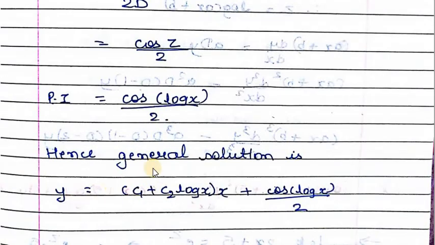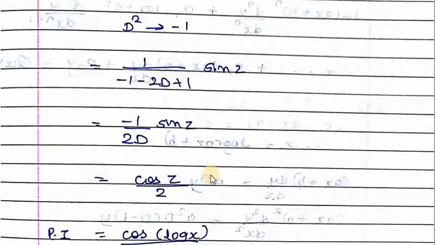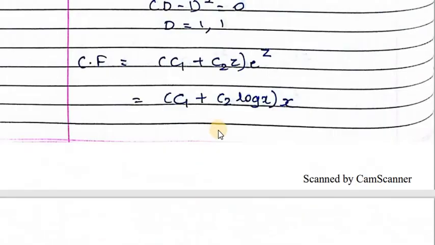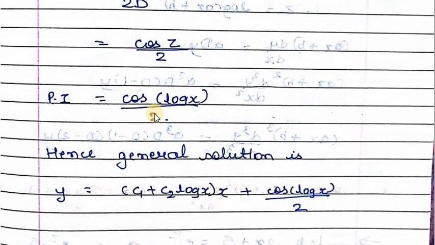Okay, now the general solution is y equals CF plus PI, and CF is c1 plus c2 log x into x. You can see it from here also. This is the required CF, and then PI is cosine of log x by 2, right? So this is the required general solution of the given differential equation.